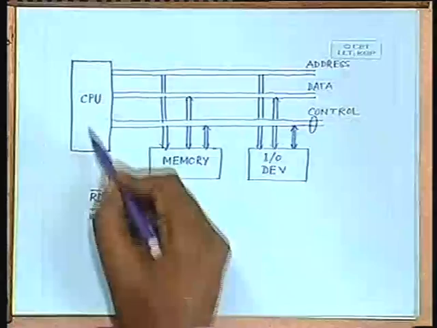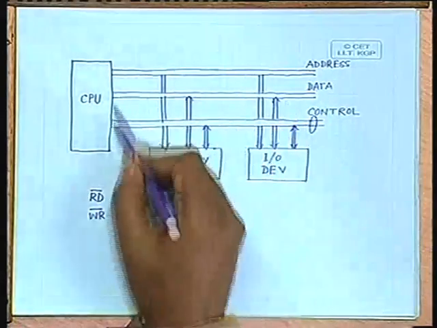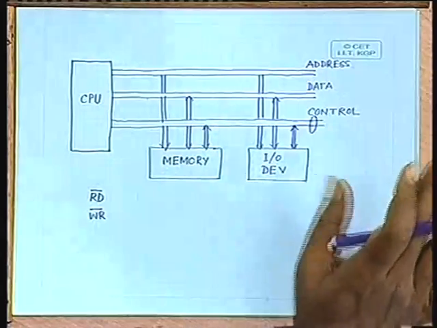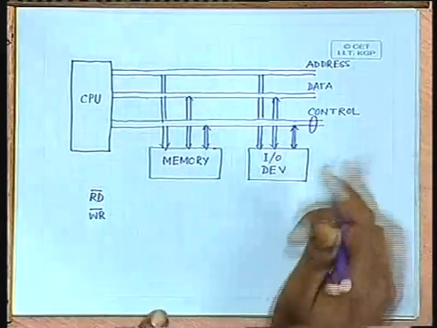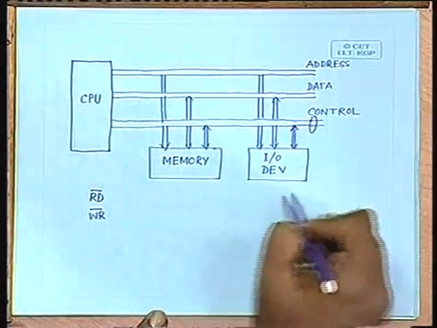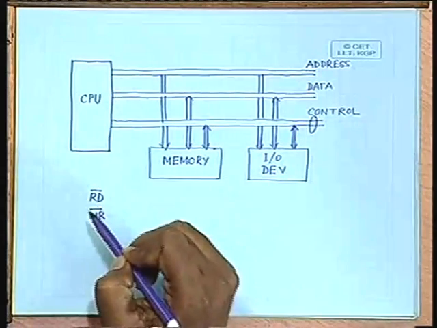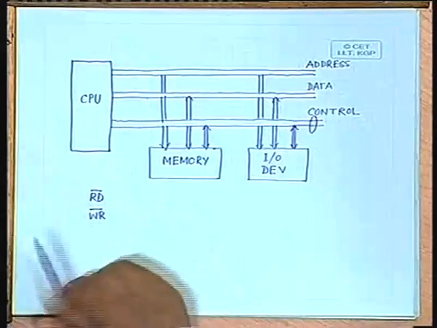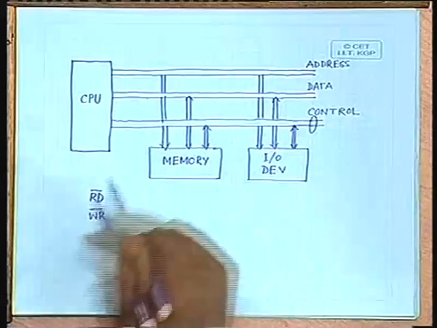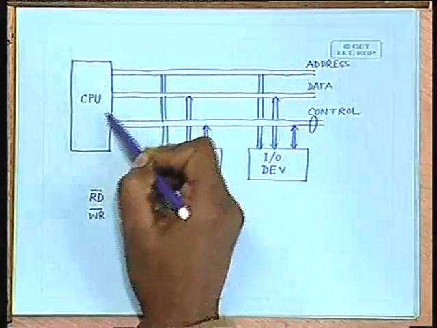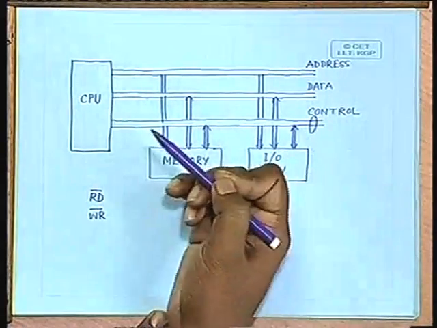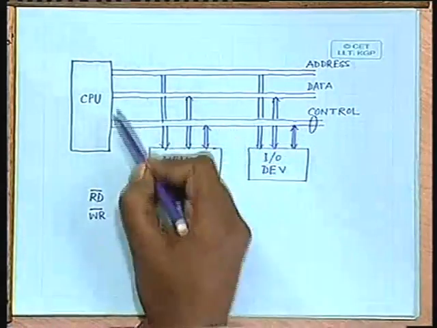So, this just tells you what is the basic structure of a computer. What basically we have given here is the organization of a basic computer. In a basic computer, we must have a CPU, because without CPU the computer is meaningless, because it is the CPU which performs every task.